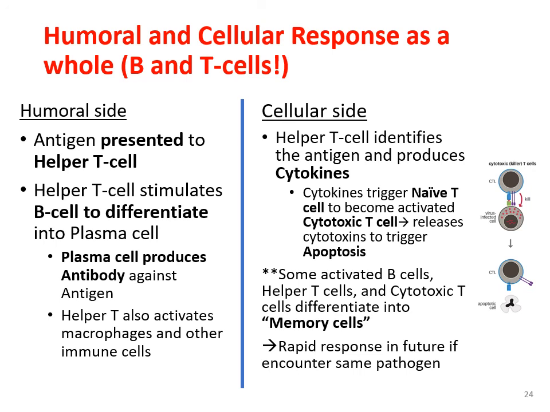At the same time, the helper T cell is also producing chemicals that help turn naive, meaning not differentiated T cells, so baby T cells, into full-blown cytotoxic T cells, okay? Meaning those cell-killing T cells that will basically release chemicals that trigger apoptosis of pathogen and of your infected cells.